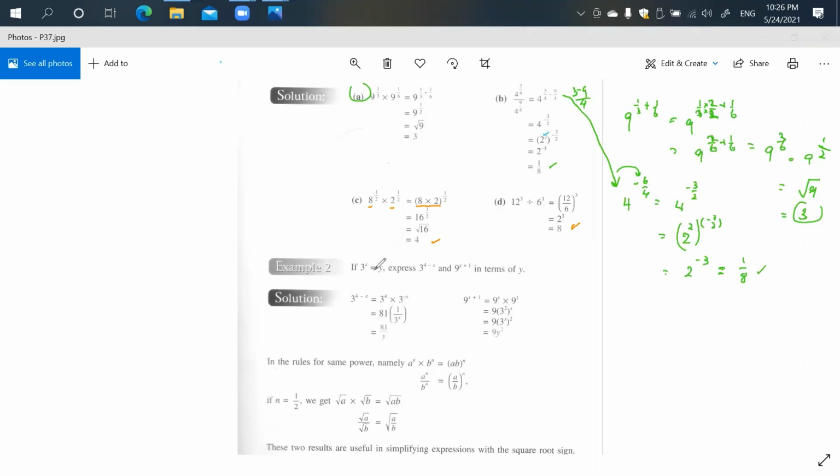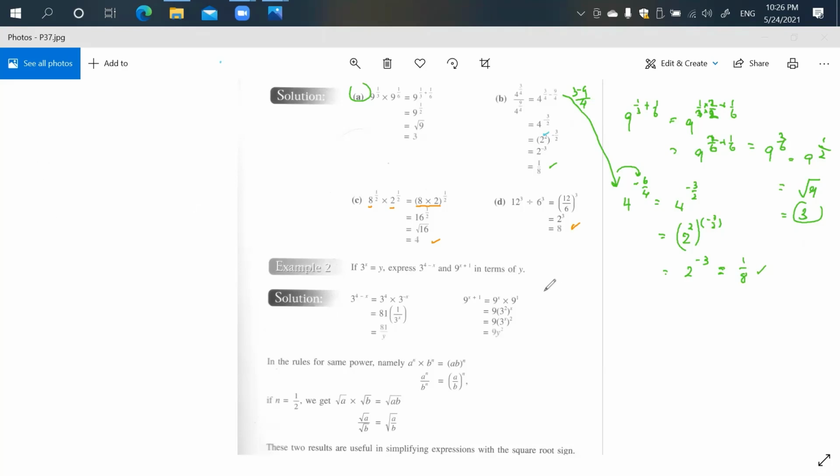This one: 3 to the power of x equals y. Express 3 to the power of 4 minus x and 9 to the power of x plus 1 in terms of y. That means they want you to find and express this one and this one in terms of y. So maybe I write them side by side, how about that?